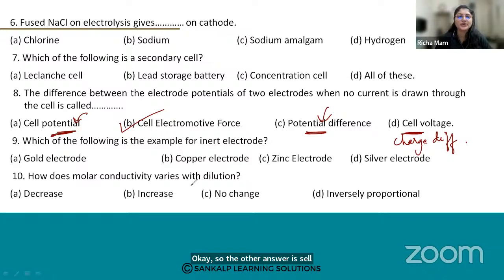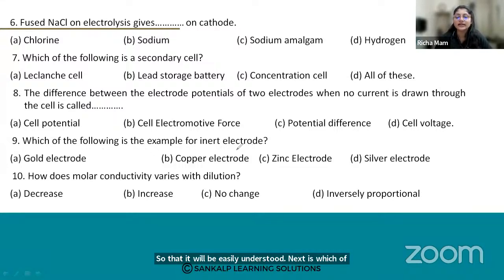I have just told you the definitions of all the others so that it will be easily understood. Next is, which of the following is the example for inert electrode? A, gold electrode, B, copper electrode, C, zinc electrode, and D, silver electrode.